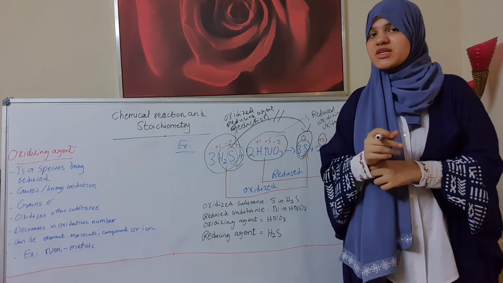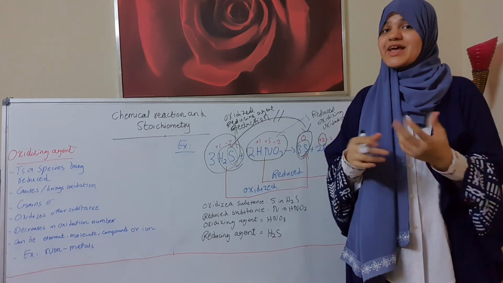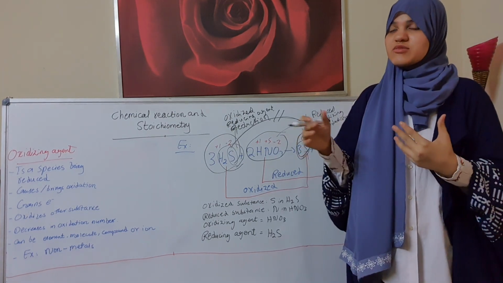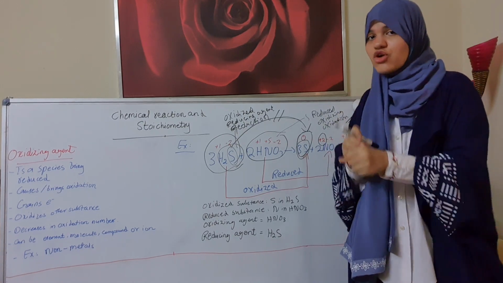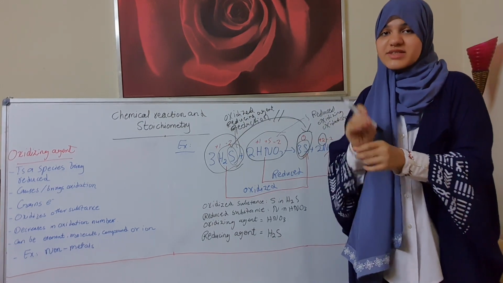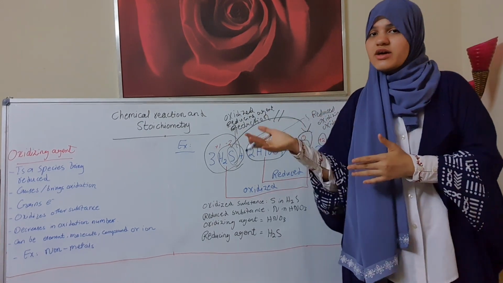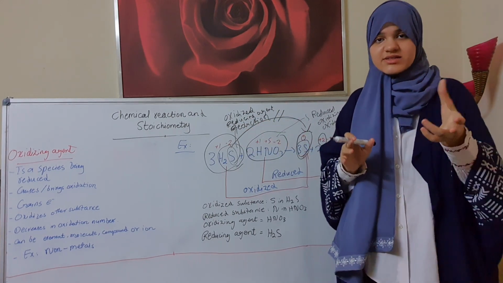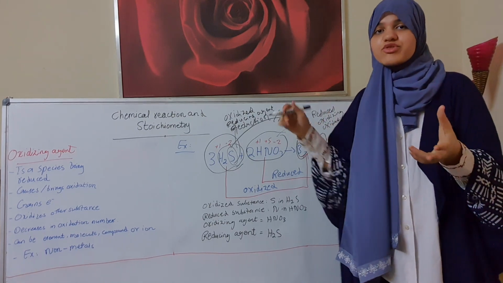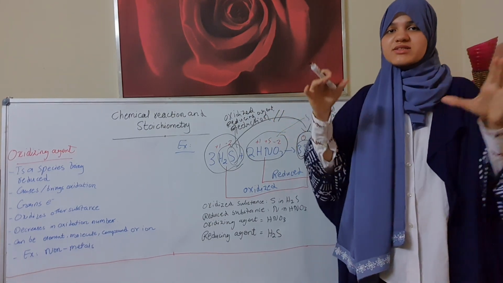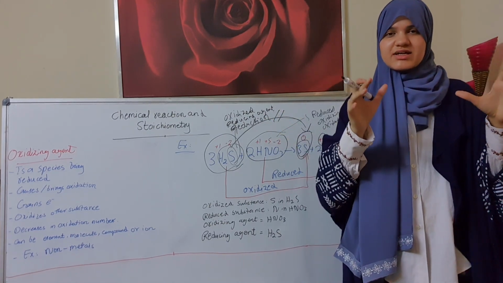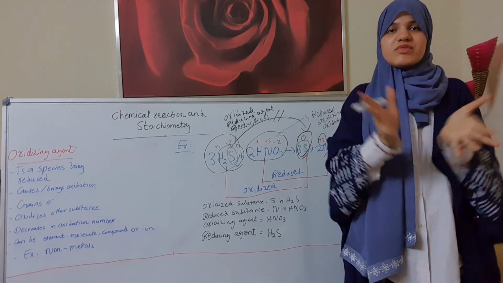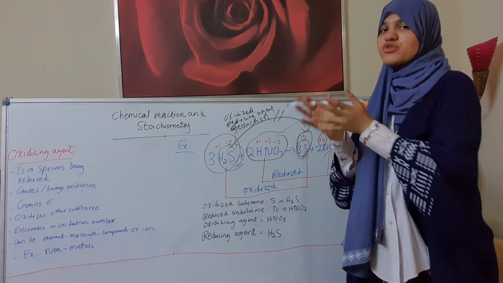And also the meaning of chemical reactions and chemical equations, that it is a shorthand representation for chemical reactions. Also reactants and products, the elements which react together to give us a product.